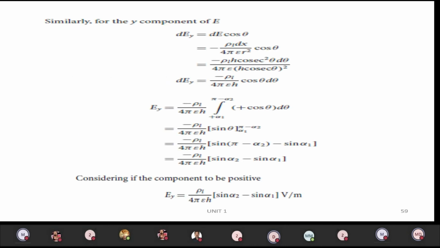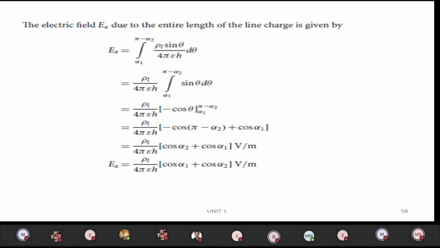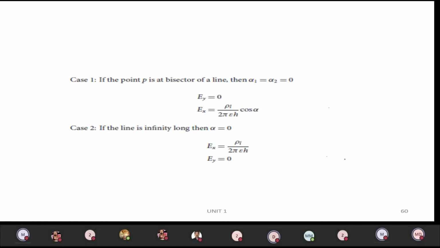If you substitute, sin alpha minus sin alpha is 0. Cos alpha plus cos alpha gives 2 cos alpha, and 2 by 4 gives 1 by 2. So Ex equals rho L by 2 pi epsilon h cos alpha.